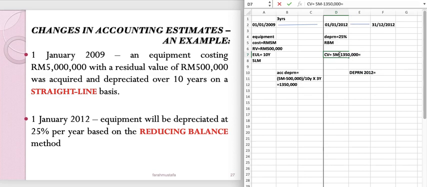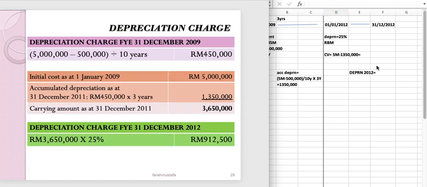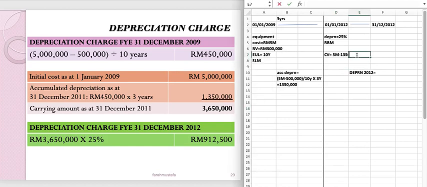So you will get 3,650,000, which is there in the slide.